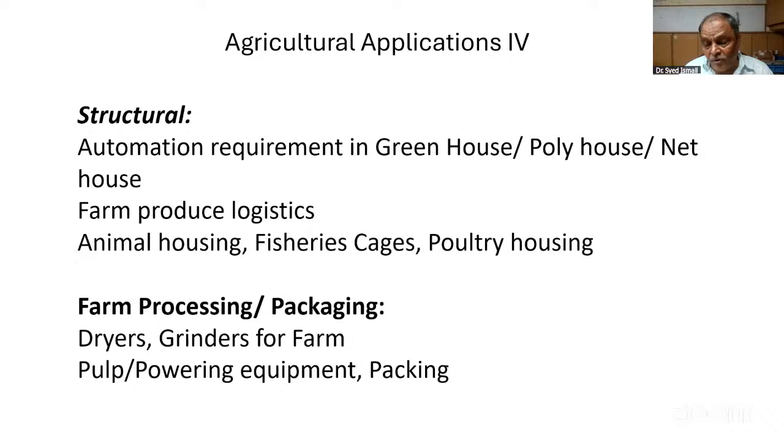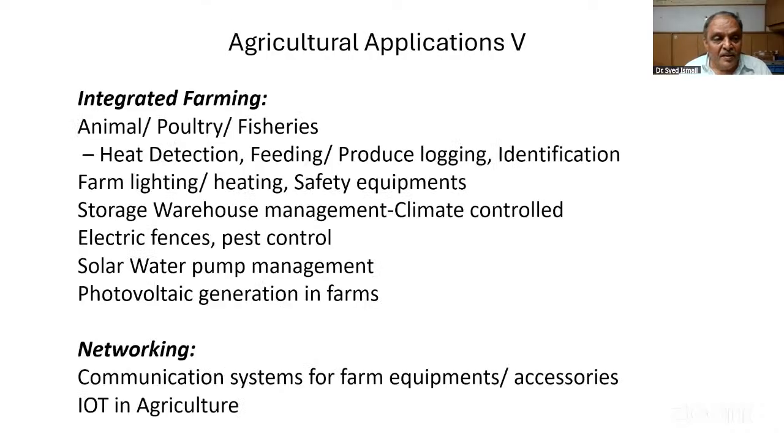Farm processing, of course, extensively uses electronics: dryers, grinders, pulp and powdering equipment, packing. Many big companies have already taken this over, but for small farm-based work we require these machines, and they use electrical and electronics, so we should understand the basics.